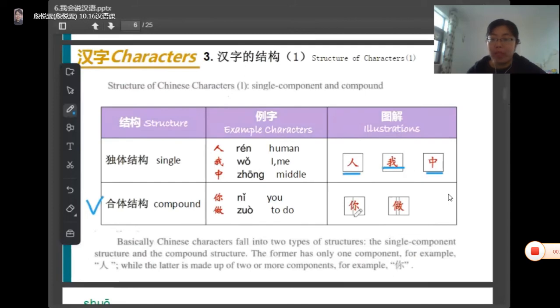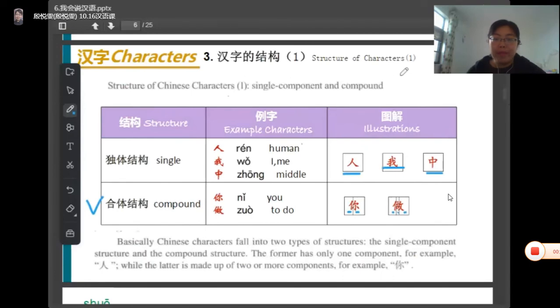For example, 你. How to distinguish them? For example, 你, we can separate it into this part and this part. And 做 is divided into three parts: one, two, three.